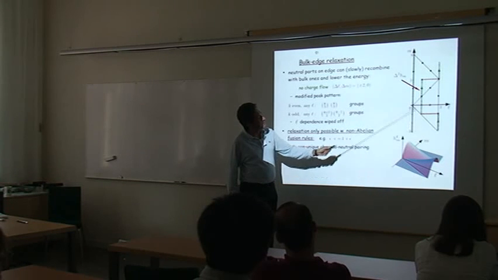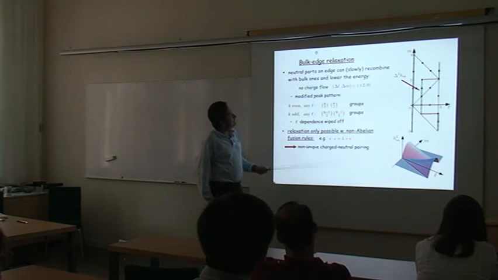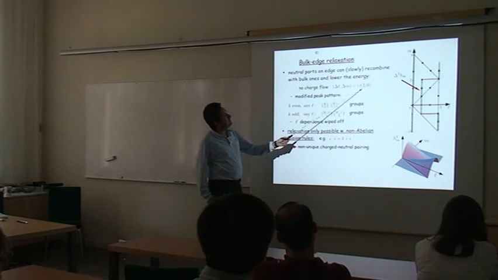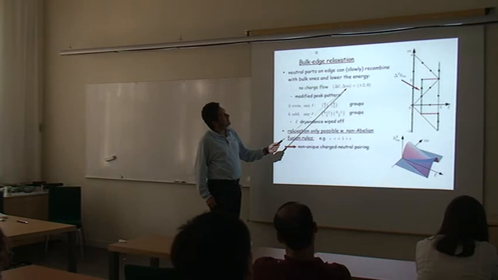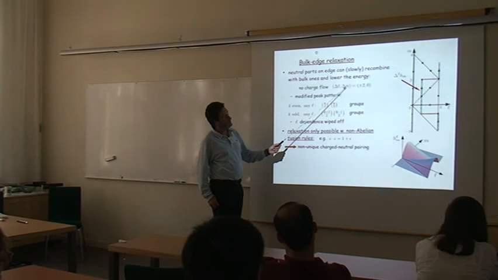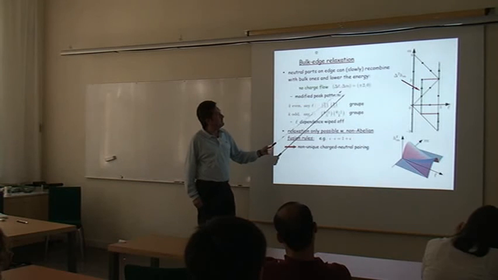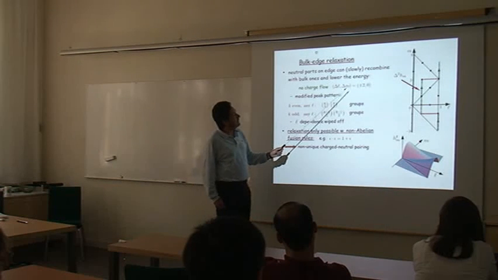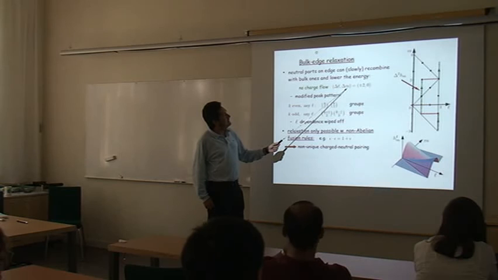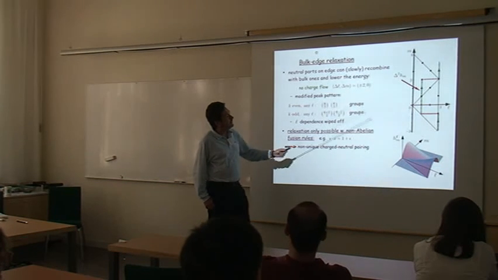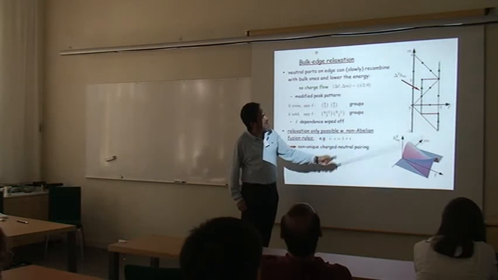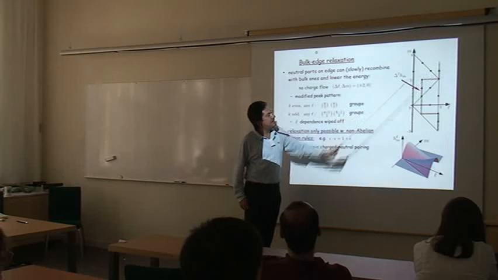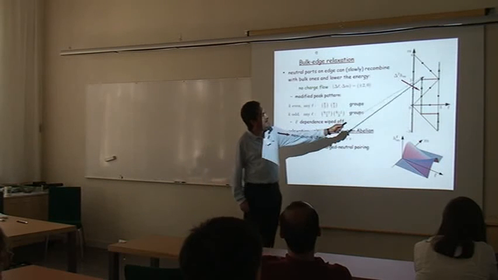And decay is possible by this transition that does not change the value m, so it does not change the charge, because charge at the edge cannot change, but the neutral part can change. Because this is related to charge, it cannot change. So this has to change by a minimum of 2. So it can jump down here, this is the red thing, and then this is a relaxation.